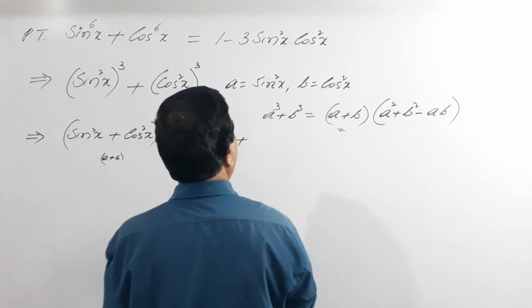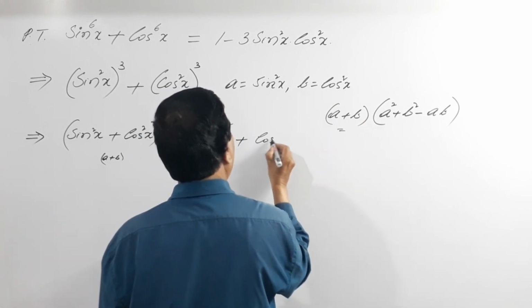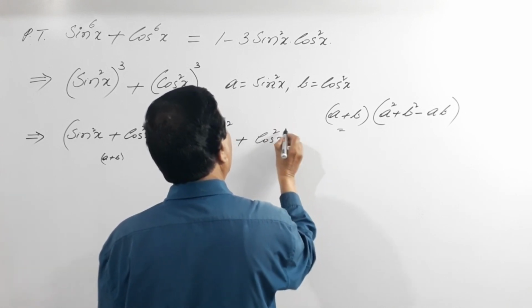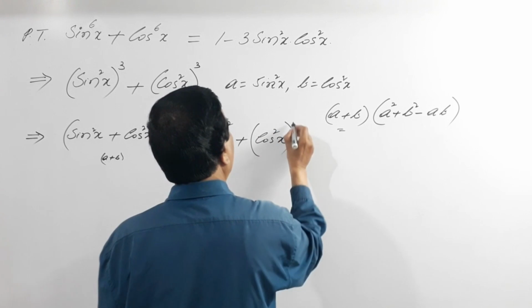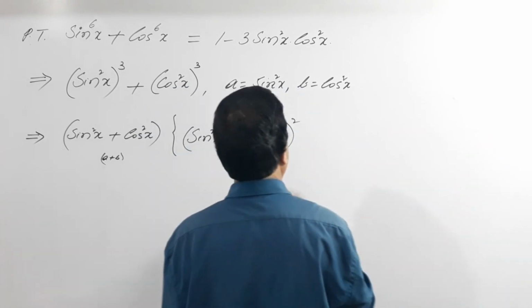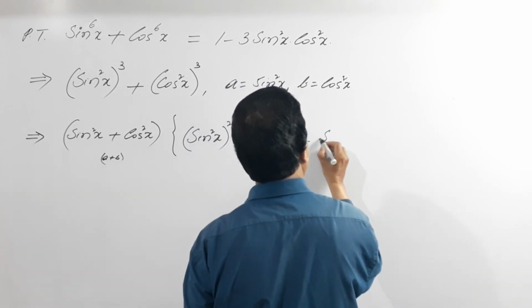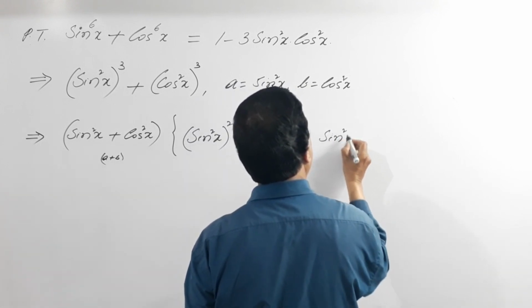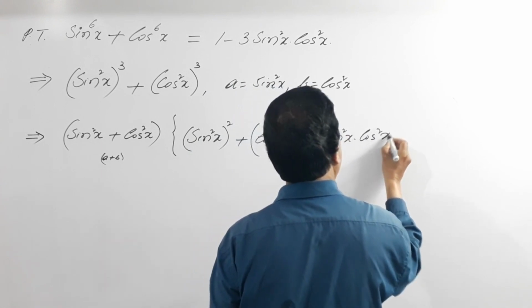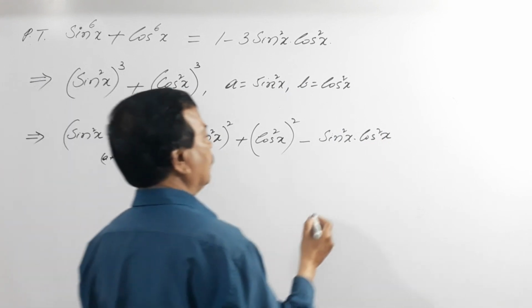B square is nothing but cos square x the whole square, minus ab. Minus ab is what? Sin square x into cos square x, and close the bracket.